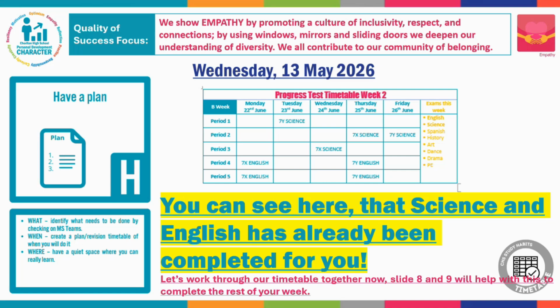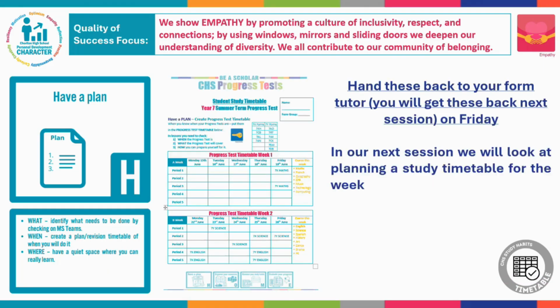So you know exactly when your progress test will take place after half term, when these start. Okay, what I would like you to do is hand these back to your form tutor, because you'll get these back in the next session, which is on that Friday. And in the next session, we will look at planning a study timetable for the week. So looking at what it is you need to revise.